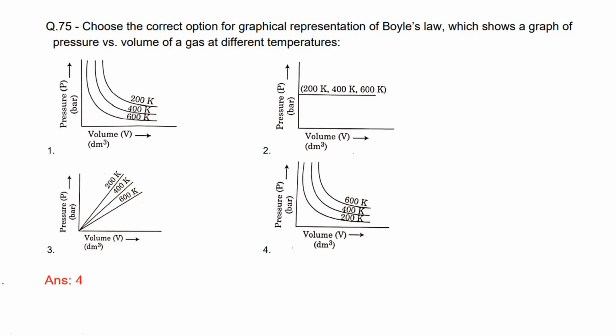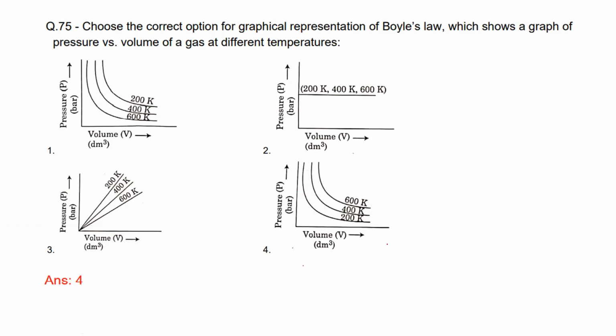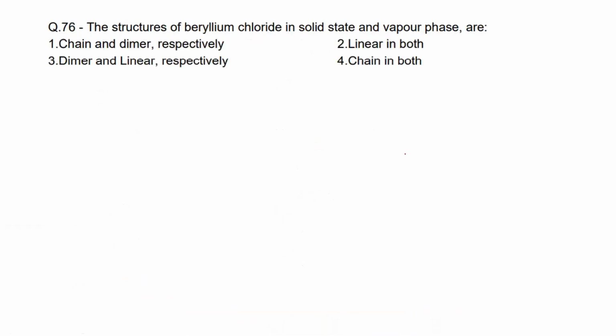So next question. The next question is: the structures of beryllium chloride in solid state and vapor state are.